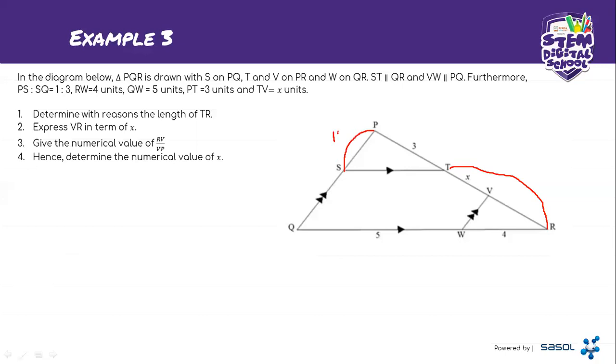Then let me just write 1K there, and then SQ, which is 3. SQ, which is 3. It's going to be 3K. This is 3K there. It's 3K, yes. Now, that is the information that we're having. All right.